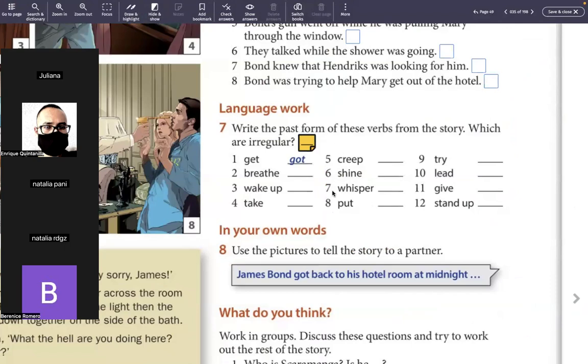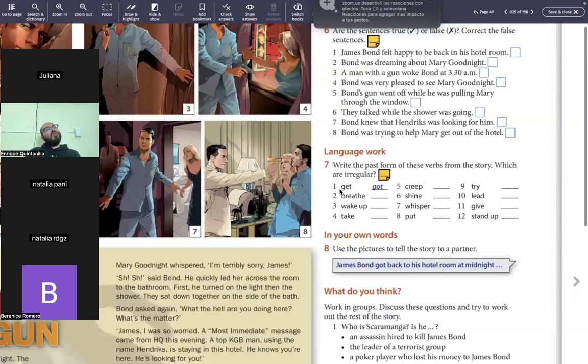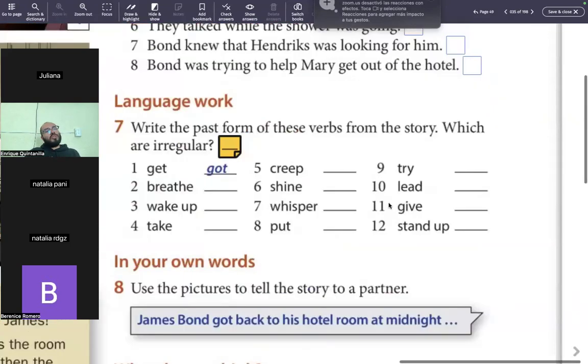The homework was making a short story. I remember. The homework was using these verbs or other verbs if you want to tell a short story or a short text using past continuous and past simple.